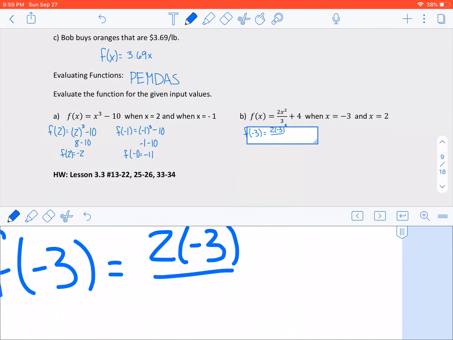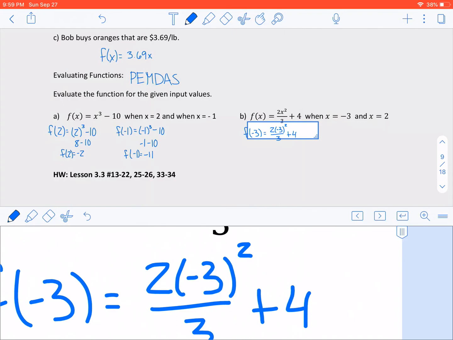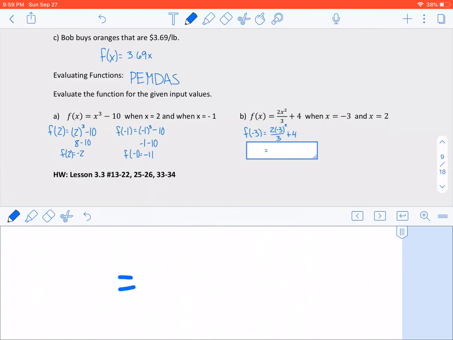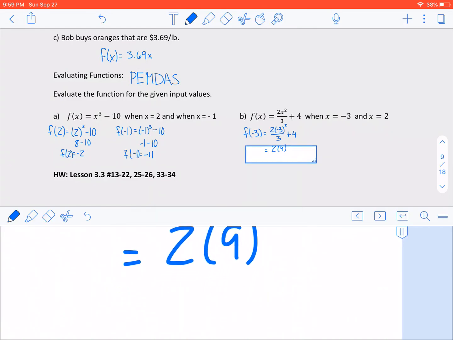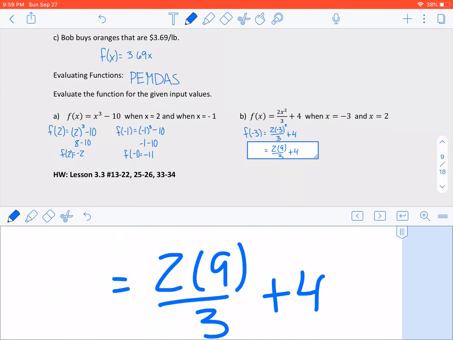divided by 3 plus 4. So first we do parentheses, nothing to do inside. So we do exponents. Negative 3 times negative 3 is a positive 9. So I get equals 2 times positive 9 divided by 3 plus 4. Well, now I do multiplication, because there are no more exponents to do.